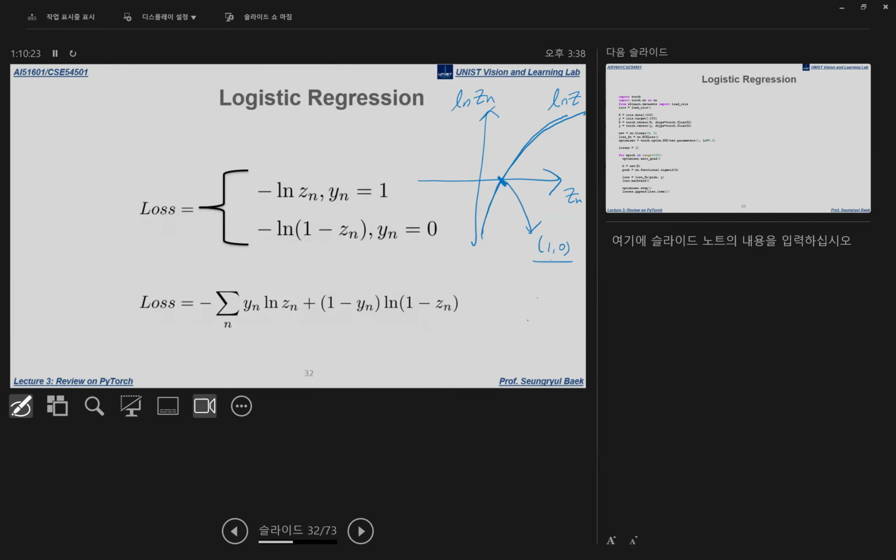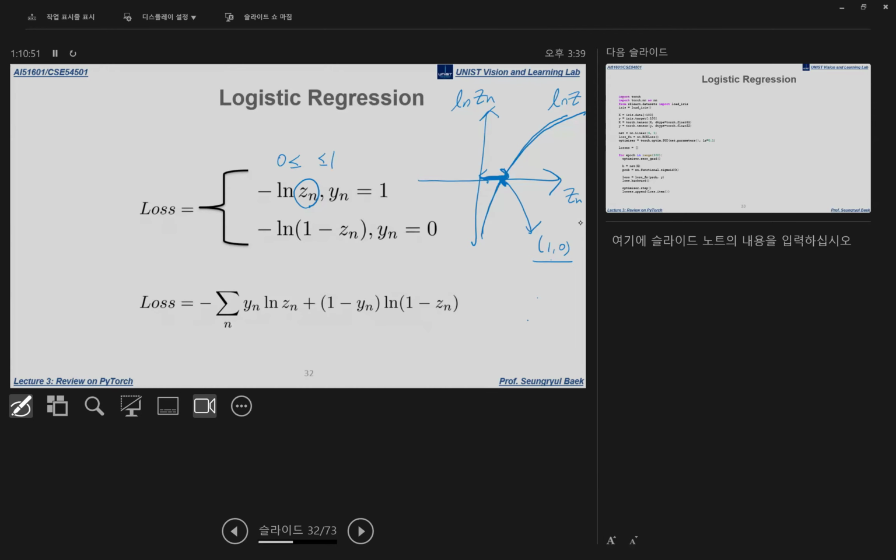When the input is 1 for the log function, the output is always 0, okay? And gn is bounded to 0 and 1, okay? Because gn is the output of the sigmoid function, okay? They are always bounded to this range, okay?